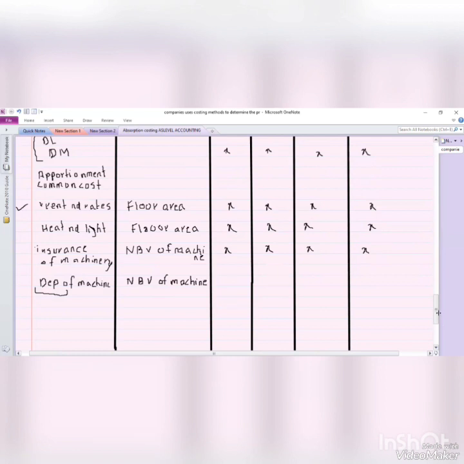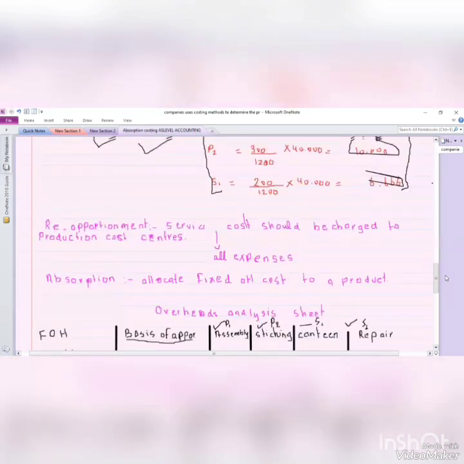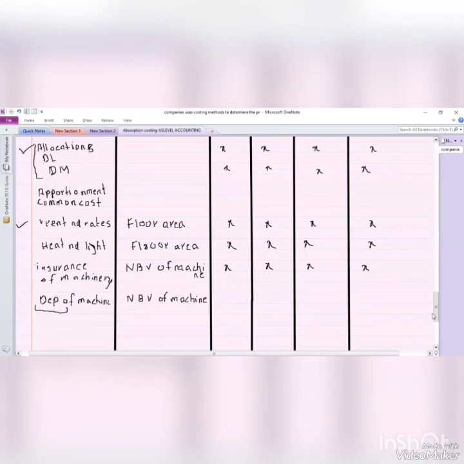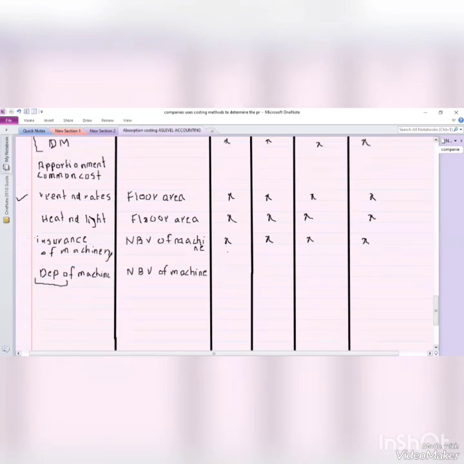When you follow this formula, you will have the depreciation amount for each and every department. You just need to put those amounts in each department.